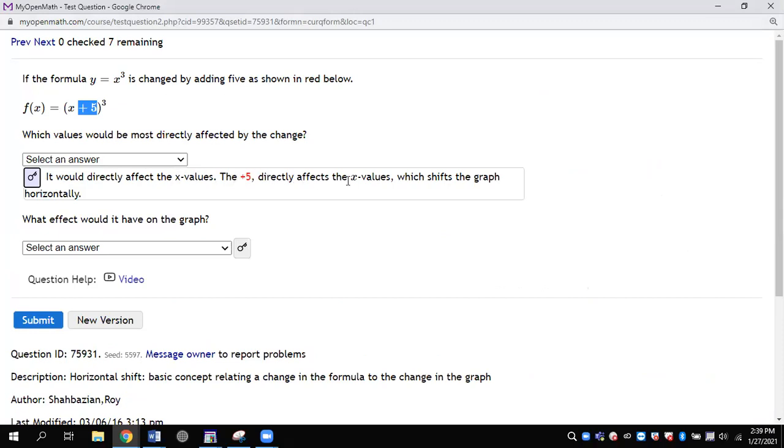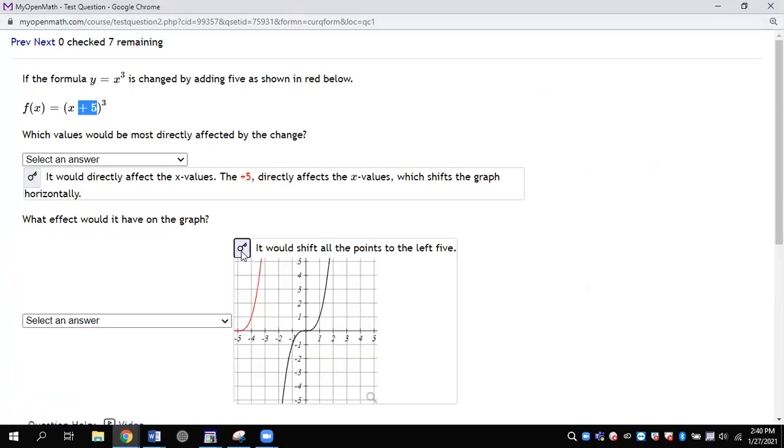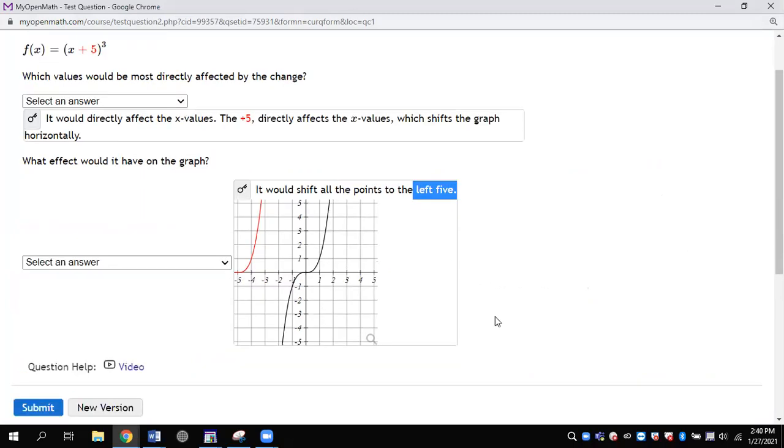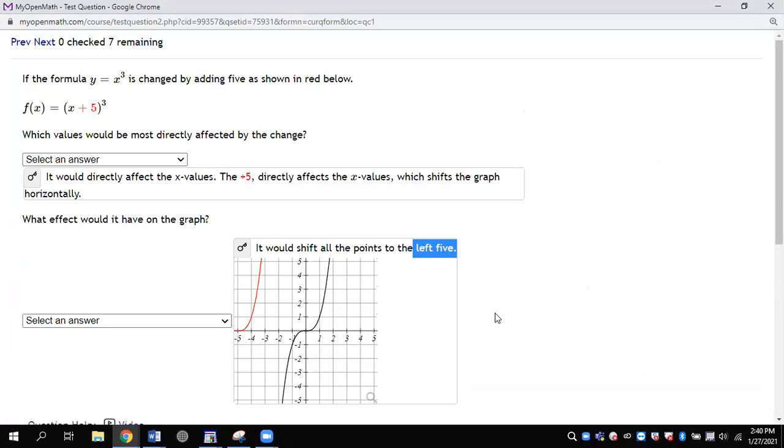It's going to add 5 to the x values. Now, what is the plus 5 going to do? It's actually going to go left 5. Left 5. We would think, well, right, shouldn't it be right? I'm going to explain that in just a second. I just wanted to show you that is the case in the homework. Okay, let's go back to the iPad. And I'll finish writing out the details of this one.